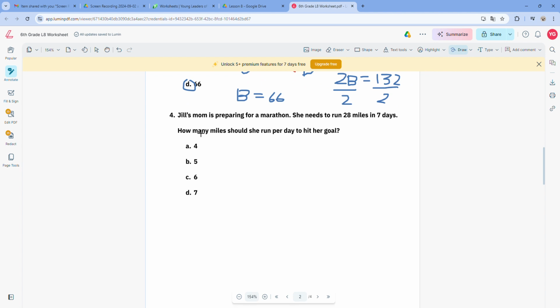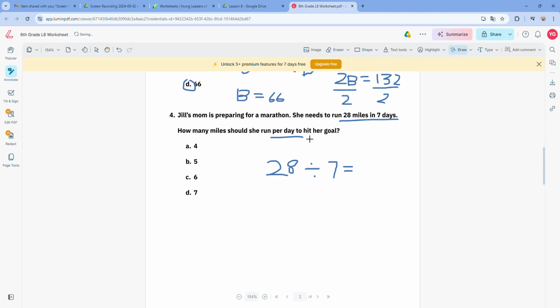Number 4 says Jill's mom is preparing for a marathon. She needs to run 28 miles in 7 days. How many miles should she run per day to hit her goal? So since she needs to run 28 miles in 7 days, and it's asking how many she should run in 1 day, you want to do 28 divided by 7.